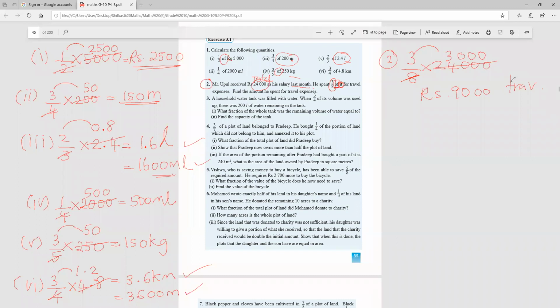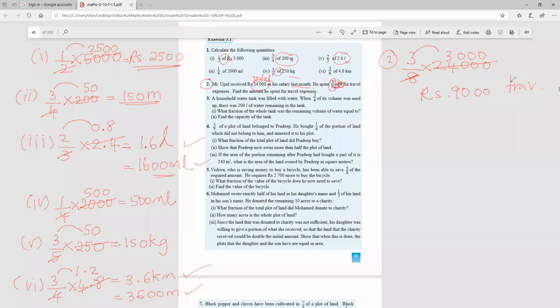A household water tank was filled with water when 3/4 of its volume was used up. There was 200 liter of water remaining in the tank. That is the question.